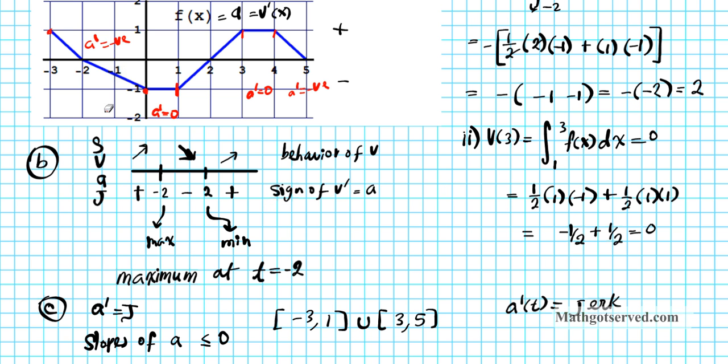So you notice we already talked about it here. From negative 2 all the way to 2 is decreasing because the acceleration is underneath the x-axis. Remember, this is your acceleration curve.